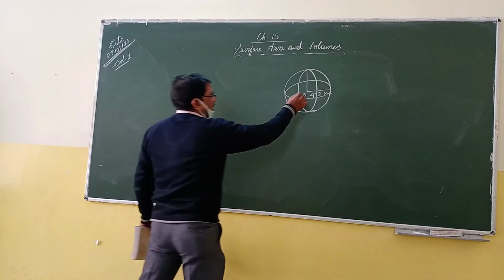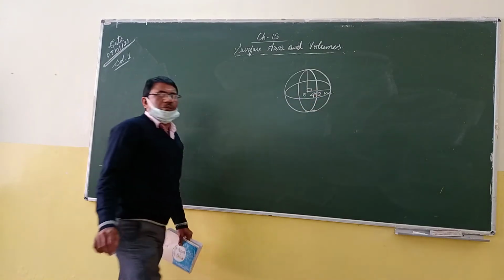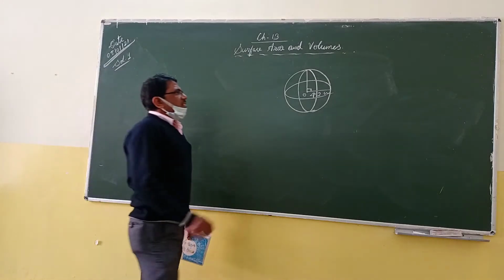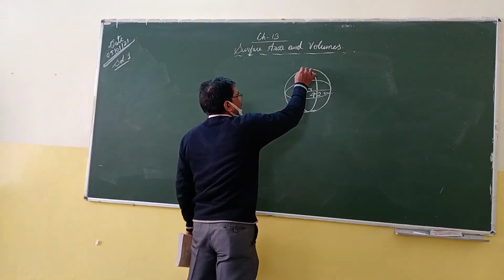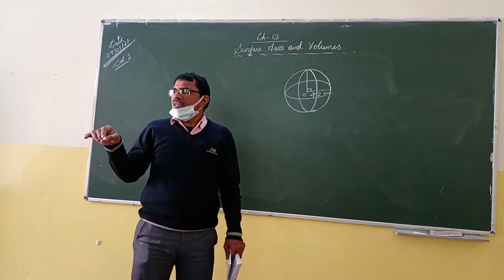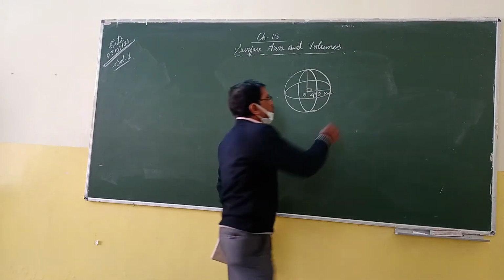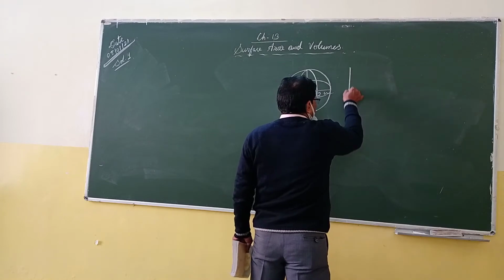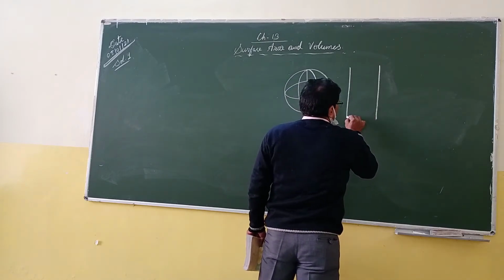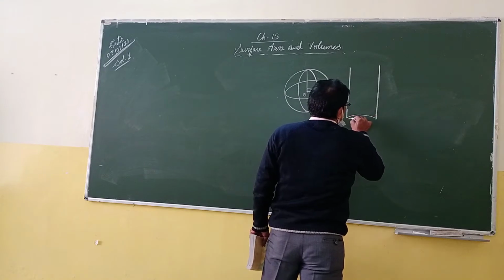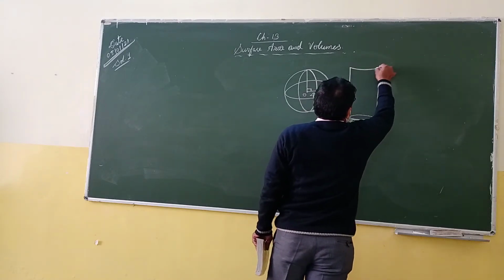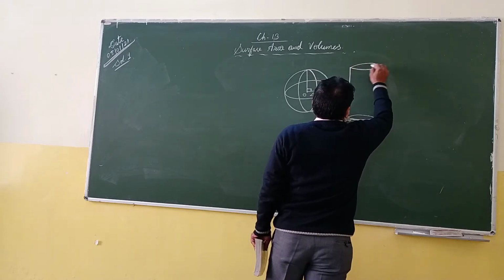This sphere is melted and recast into a cylinder. That means the material of this sphere will be same as the material of the cylinder. So now we recast into a cylinder. The volume of this sphere is equal to the volume of this cylinder.